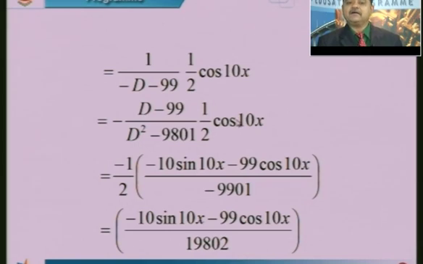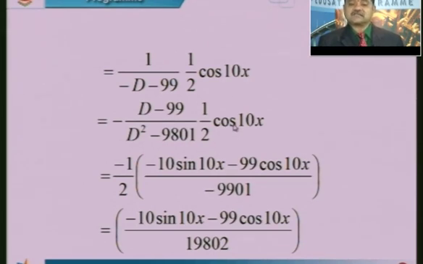Now again I got D squared, I have replaced it by minus b squared, so it will become minus 100. Minus 100, this minus 1 by 2 is outside. Here minus 100, you can see if I put 100 here, 9901 will be the solution. Here how should I get?